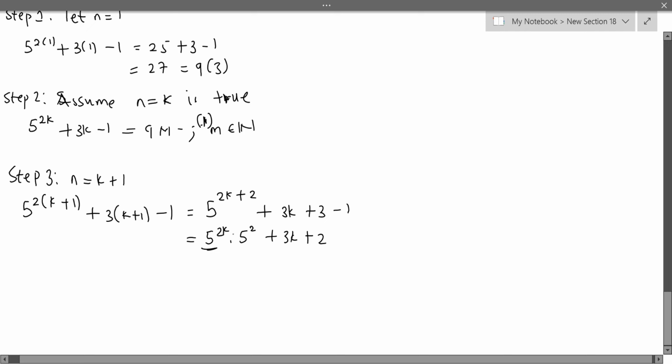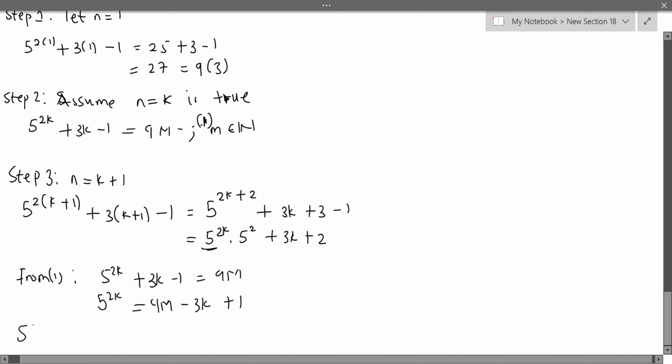Using equation 1, from 1 we have 5 raised to the power of 2k plus 3k minus 1 is equal to 9m. So let's make 5 raised to the power of 2k the subject of the formula. You get 9m minus 3k plus 1.